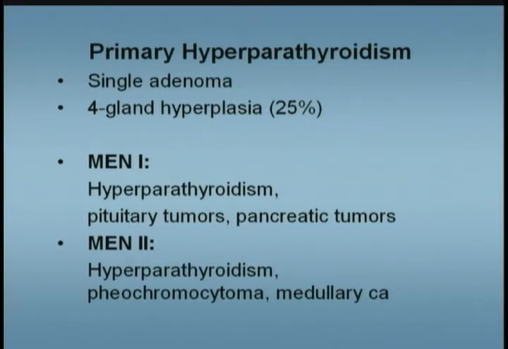And then multiple endocrine neoplasia 2 also has hyperparathyroidism, and then these patients have pheochromocytoma and medullary cancer of the thyroid. So MEN 1 and 2 both have hyperparathyroidism, and then something else. MEN 1 has pituitary tumors and pancreatic tumors, and then MEN 2 has the pheochromocytoma and the medullary thyroid cancer.